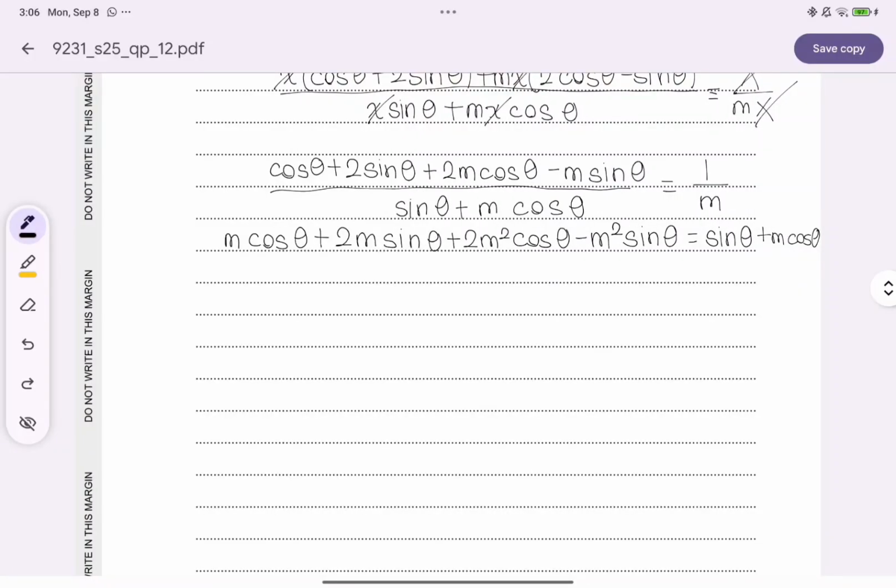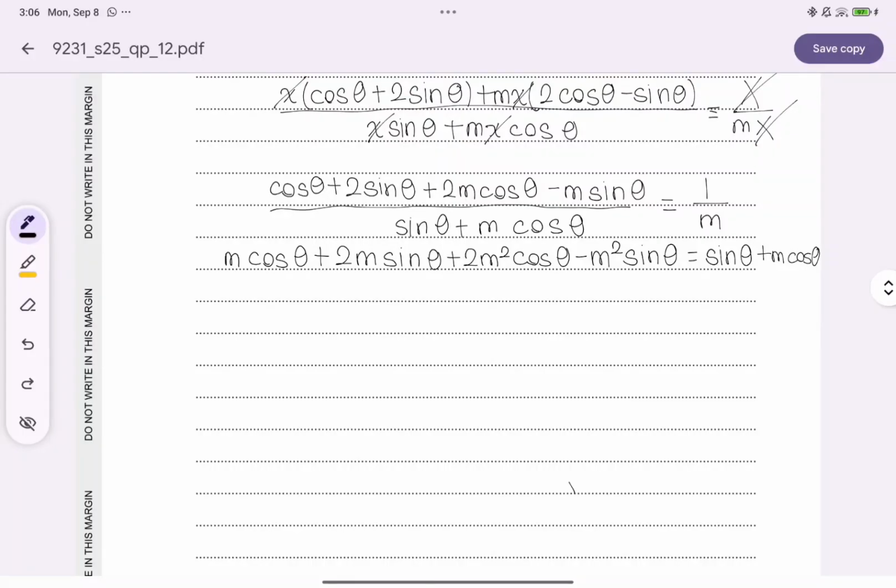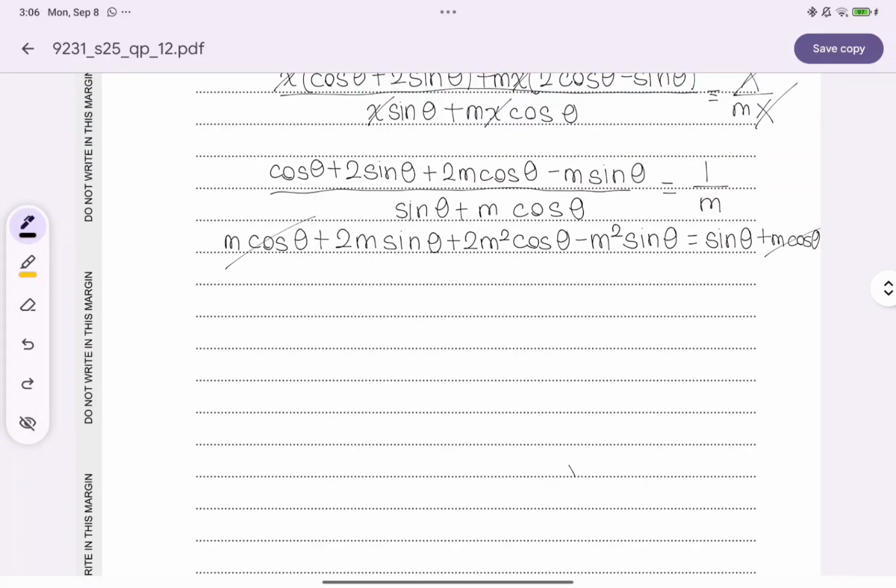Okay. So if you can see, we have m cosine theta on both sides, so let's just cancel that out. Okay, and now let's move all the terms to the left hand side.